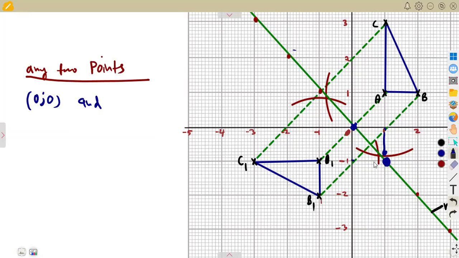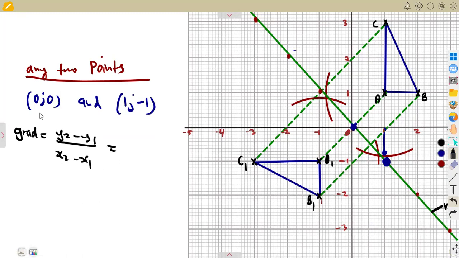X is 1, y is -1. So the point is 1, -1. Remember, you take the x value followed by the y value. So how do you determine the equation when given 2 points? Remember, you're going to need the gradient first, which is your m, the gradient, which is the change in y over the change in x.